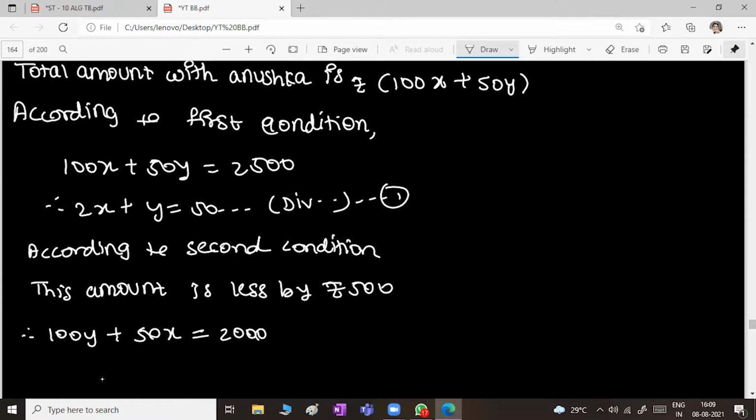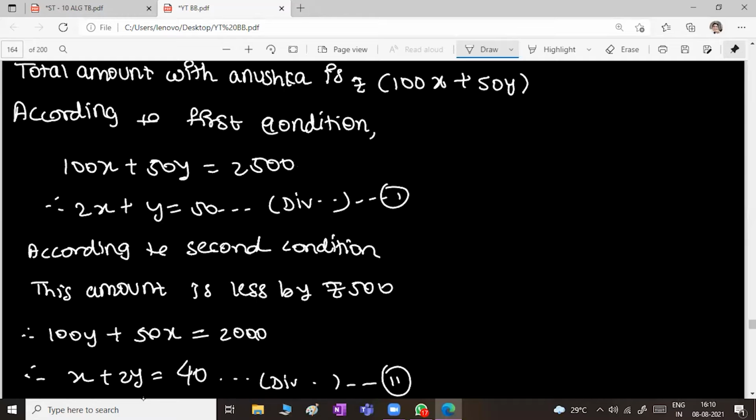Therefore, x plus 2y is equal to 40. Again, here you can write dividing both sides by 50. Do you understand, children? Less 500, here it was 2500, here it is 2000. So dividing by 50, let this be your equation number 2.